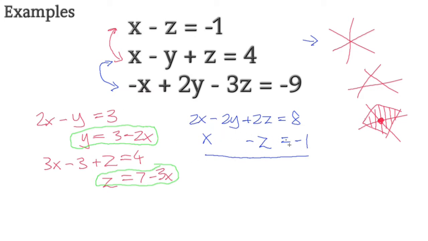For completeness' sake, let's put these in terms of x. So we'll say that z is x plus 1. And with that, we can sub this in to find y. And if we do x plus z is 2x plus 1, take y equals 4, and we get y is 2x take 3.